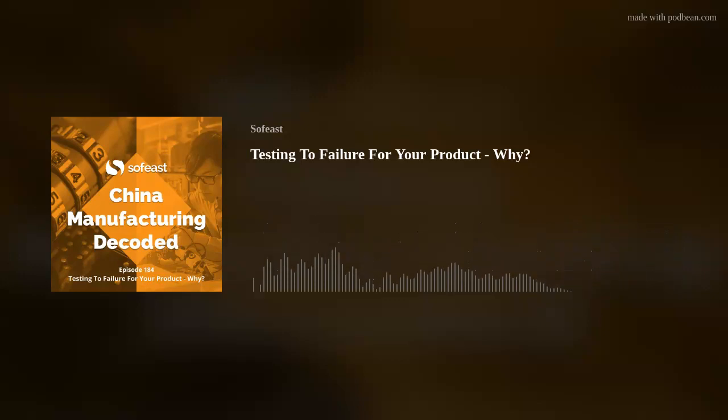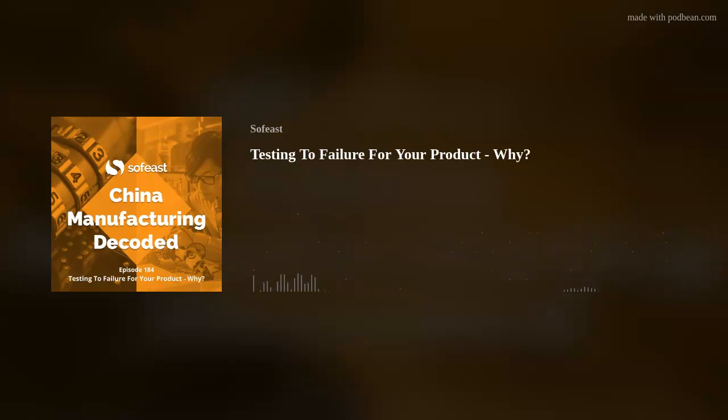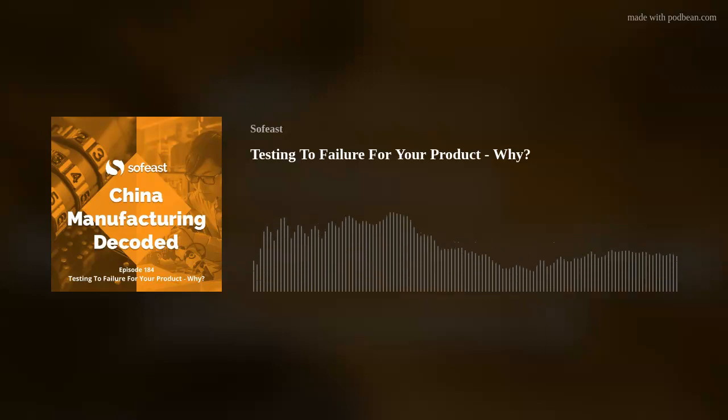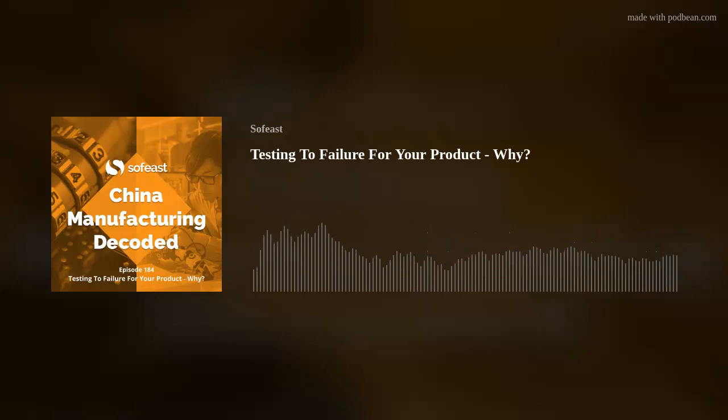Test to failure results, if done right and implemented in the whole design and development process, could definitely reduce the costs in the long run, and it could impact field returns, meaning you could have lower field returns and higher customer satisfaction because of knowing your product limit.